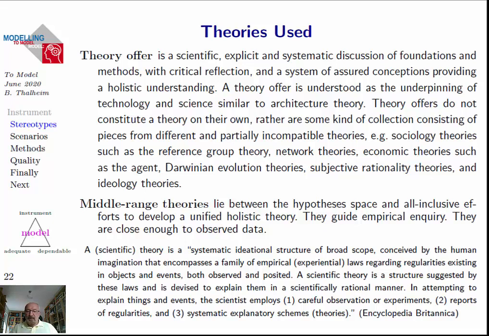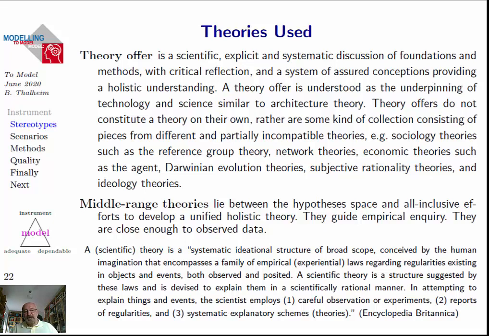We already considered that a theory is a systematic structure of broad scope conceived by human imagination that encompasses a family of empirical laws regarding regularities existing in objects and events, both observed and posited.